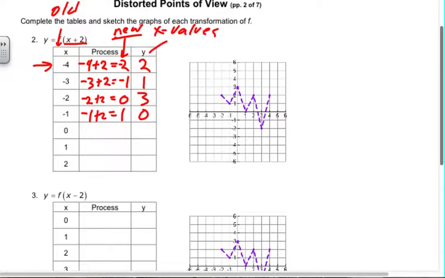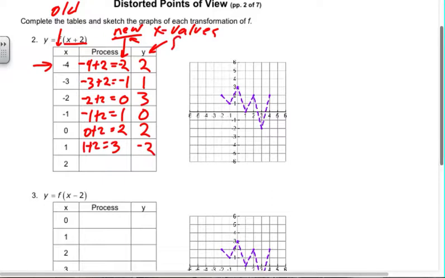Remember, again, I'm getting these y values by looking back at my original table for the new x values. And then I'm going to have 0 plus 2, which is 2. And 2 is a y value. Then I'm going to have 1 plus 2, which is 3. And that's a -2 for that corresponding y value.